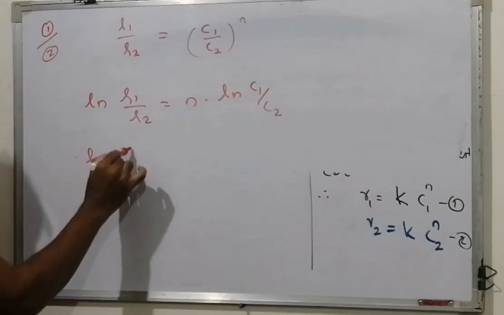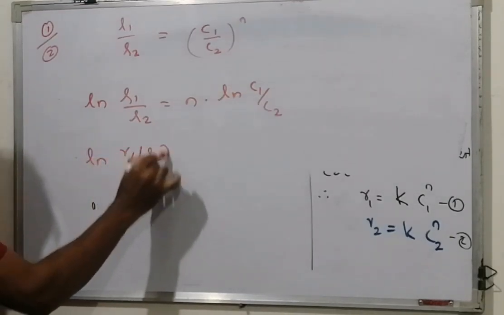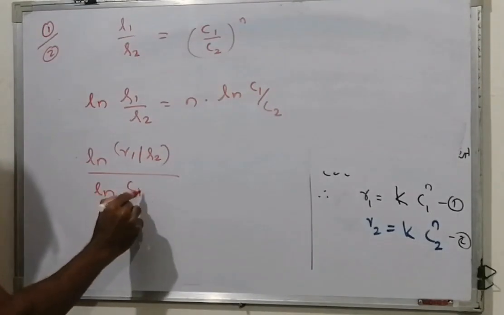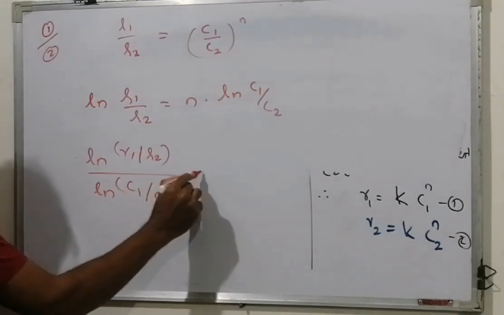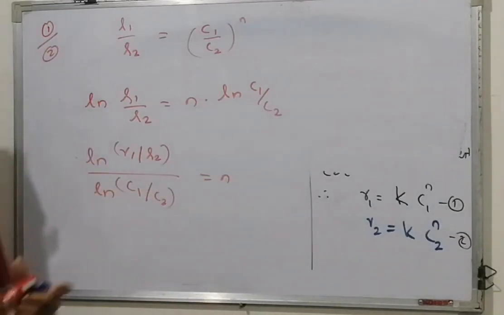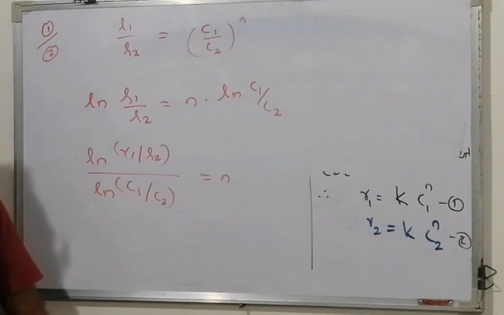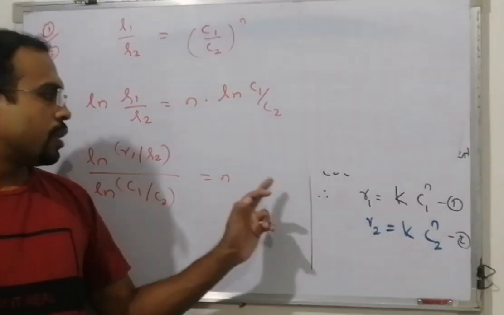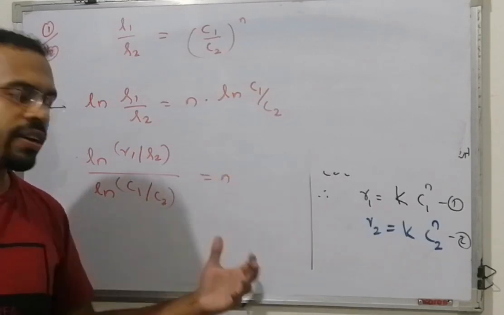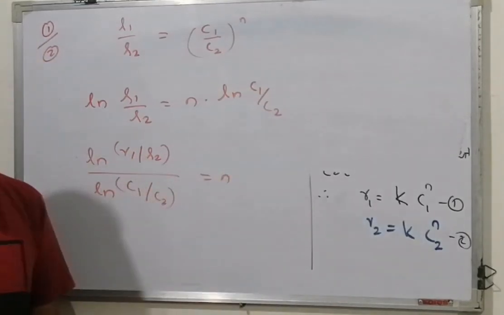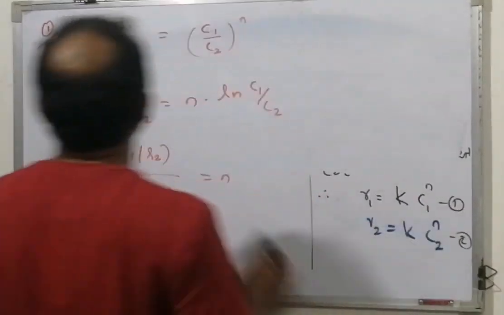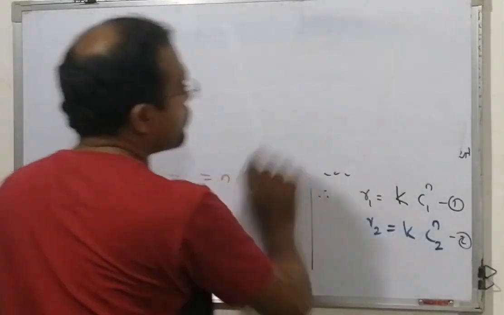Therefore, ln R1 by R2 all divided by ln C1 upon C2 is equal to n. This is also the order. Therefore, through the differential expression method, you will get the order in two ways, either in the graphical way or in this way. Fine. Now we can go to the integral expression method.